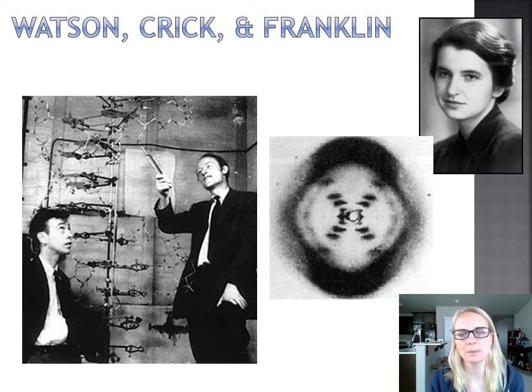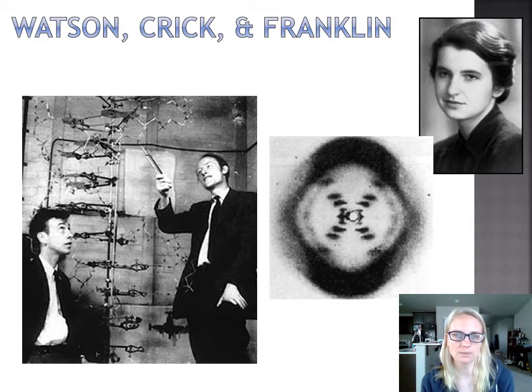They could chemically analyze DNA, but they didn't know that DNA was a molecule of heredity for quite some time. So people were hypothesizing that it could have been proteins or carbohydrates or one of those other large macromolecules, but certainly not nucleic acids. It was just 4 letters, A's, T's, C's, and G's. How could such a simple molecule code for all of the instructions of every living thing?